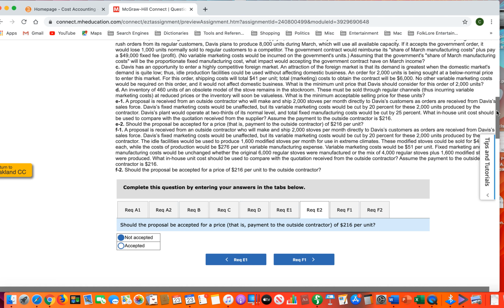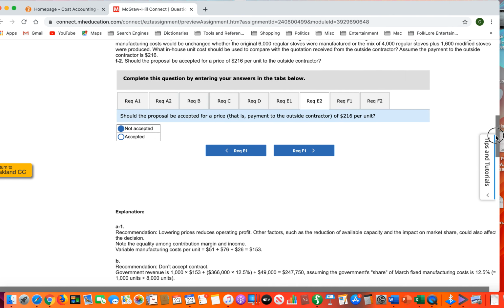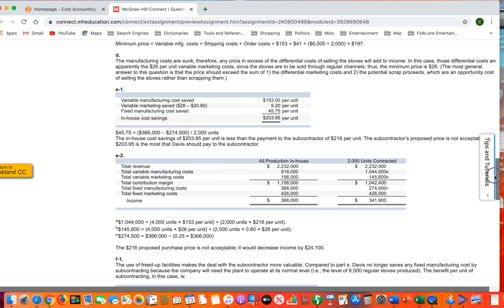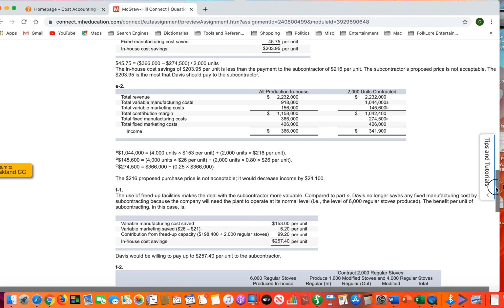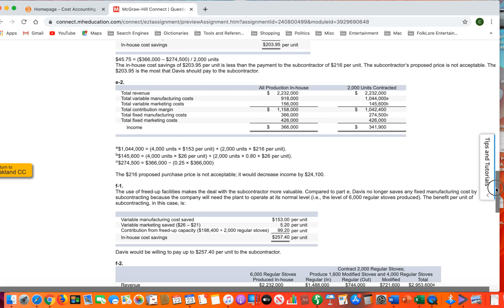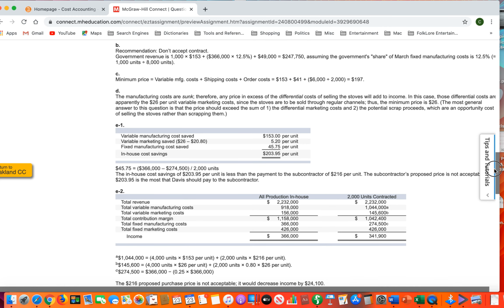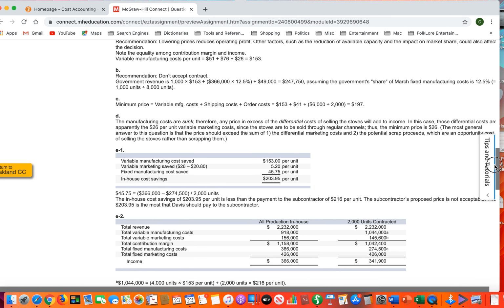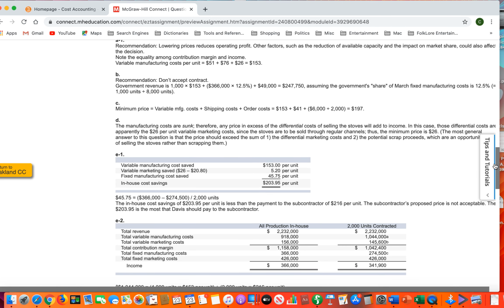So that means it's gonna cost you 75%. 0.75 is 45.75, and divide that by 0.3333, and they got it at 137. What is that? F1? No, E1. I'm sorry.